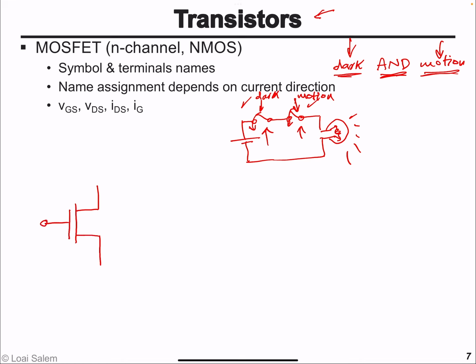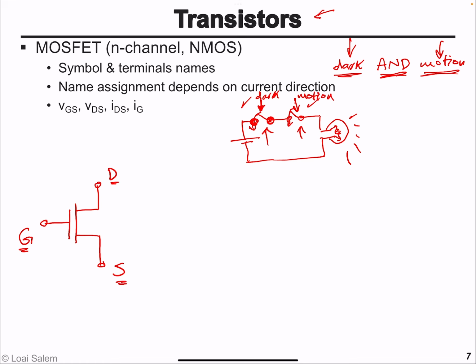It's a 3-terminal device, just like a switch. A switch has 3 terminals: left terminal, right terminal, and the control input. A transistor has a gate terminal, drain terminal, and source terminal. 3-terminal device.